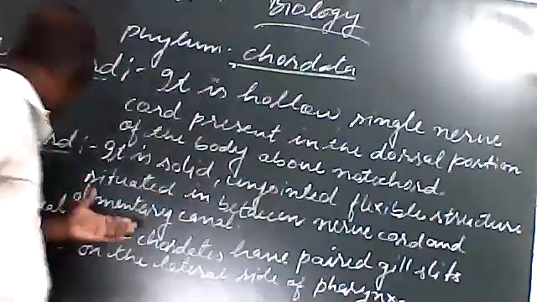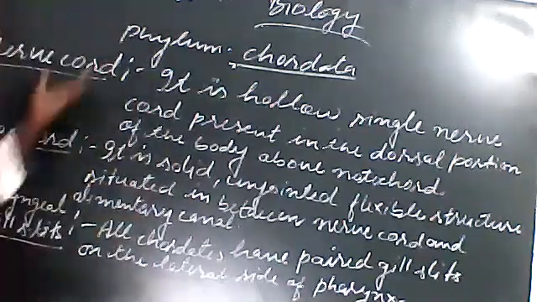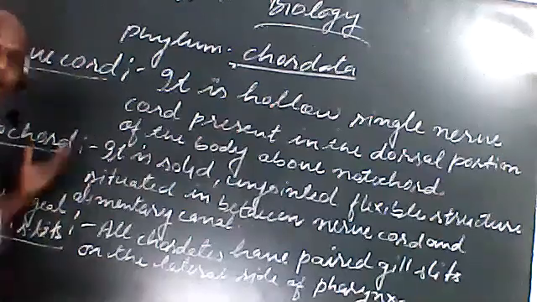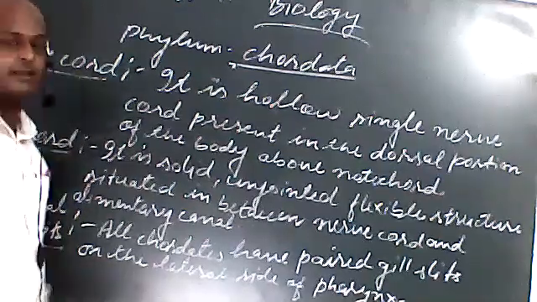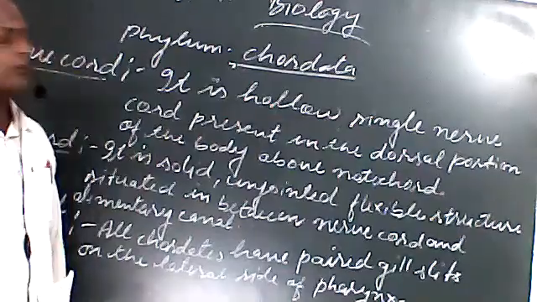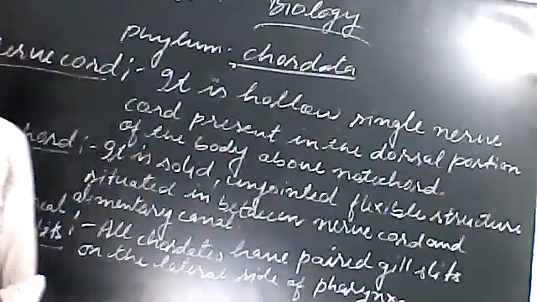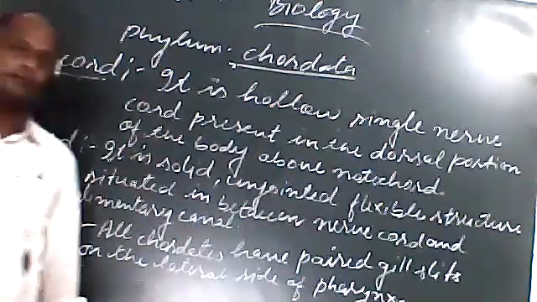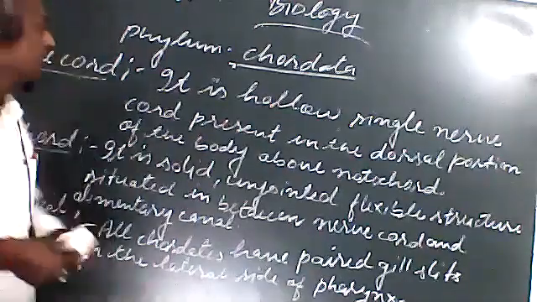Let us see, students. We have discussed the nerve cord, the notochord, and the pharyngeal gill slits. The last topic we have to study is the presence of a tail. There is presence of a tail.